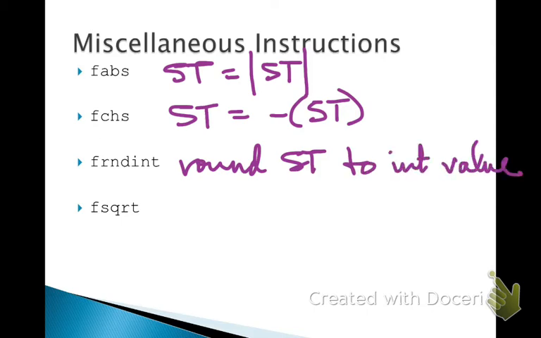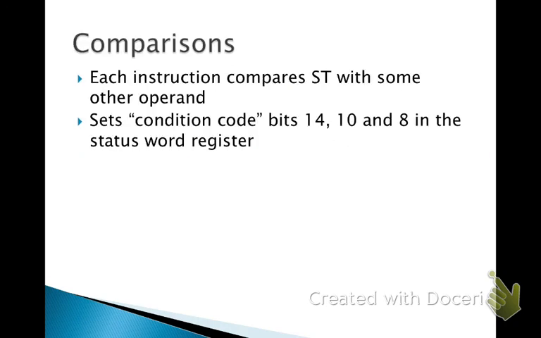Okay, and then FSQRT, stack top will be replaced by the square root of stack top. I will also mention that there are also some trigonometric, exponential, logarithmic functions. There are a whole bunch of other floating point instructions that we won't have an opportunity to get to.